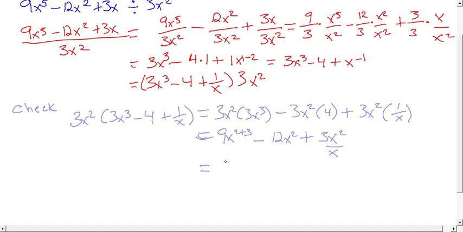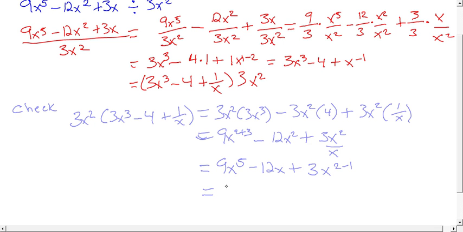Now we have 2 plus 3, which is going to give us 9x to the 5th power minus 12x squared plus, and what we have here is x divided into x squared. That's going to give us 3x to the 2 minus 1.